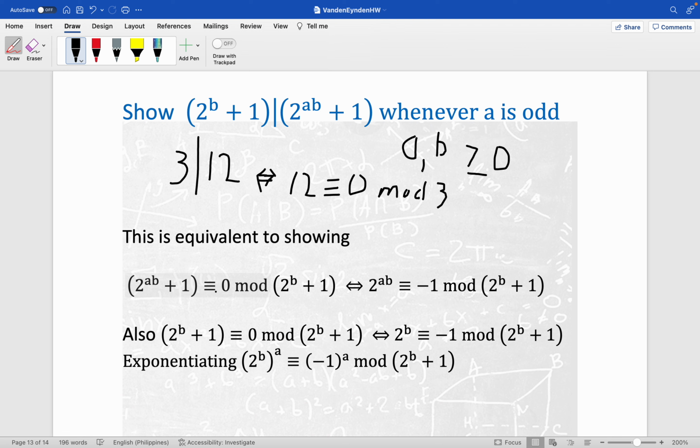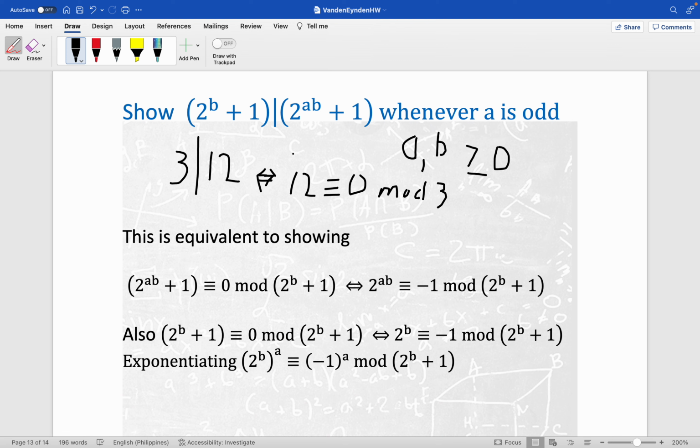You can treat these congruences very much like regular equations. If we subtract 1 from both sides, we get this statement. So if we can prove this, we will have proved the original. That's often the way a proof goes: you rewrite it in a formulation that's slightly easier to manipulate.